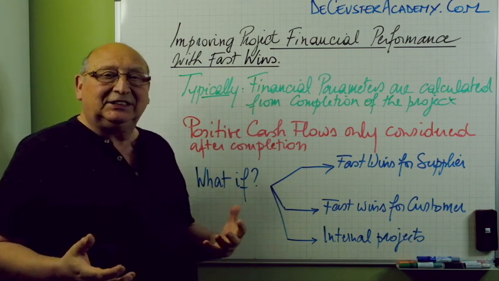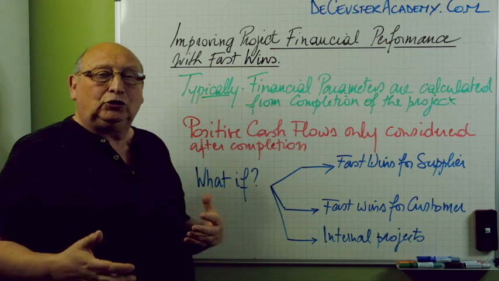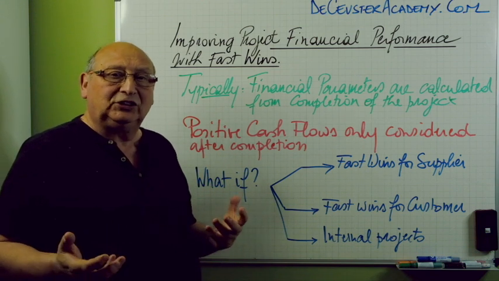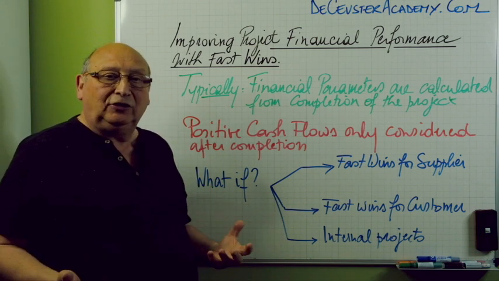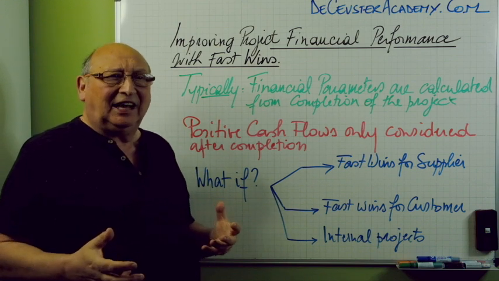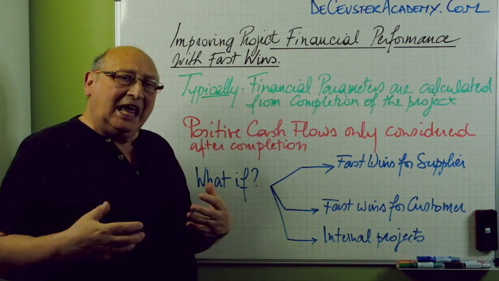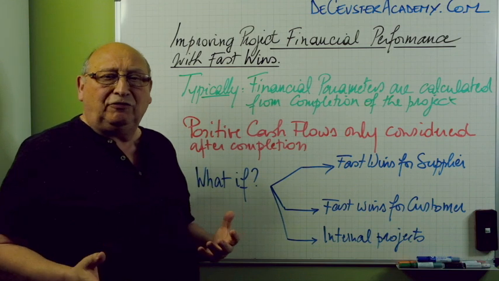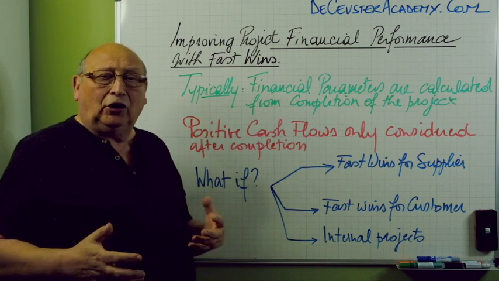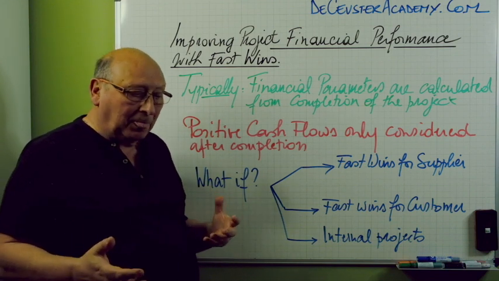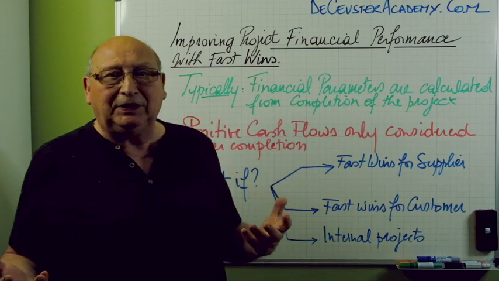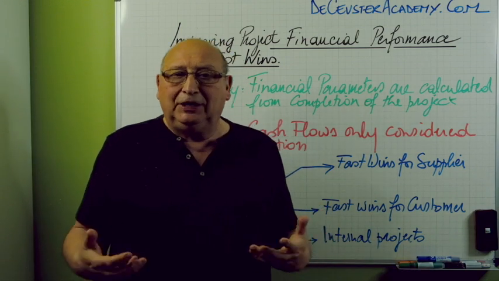And these are elements that the project manager, together with all parties, with all the stakeholders, has to identify. It is clear when we start invoicing faster, it will have a positive effect on our profit and loss, on our financial parameters. Fast wins is something that is forgotten in many cases.